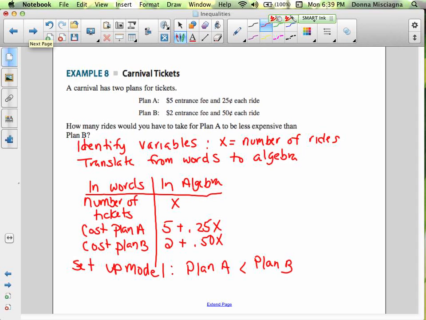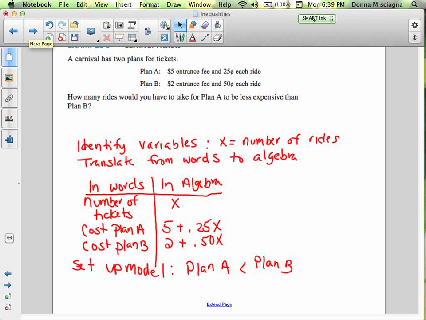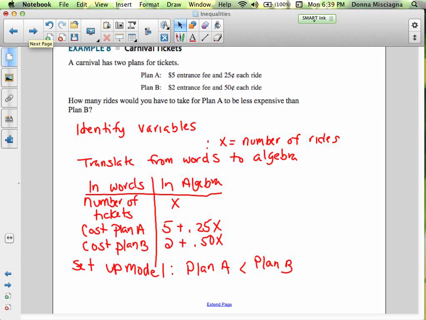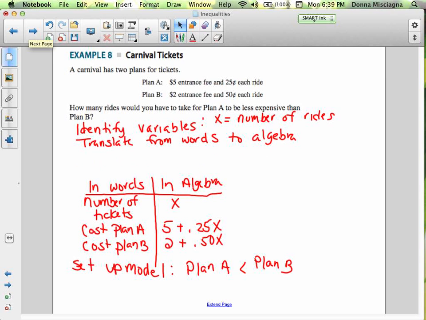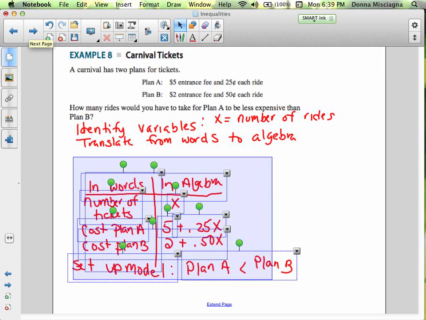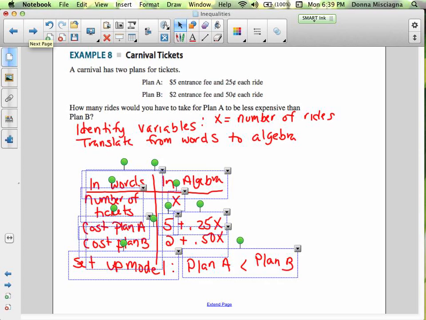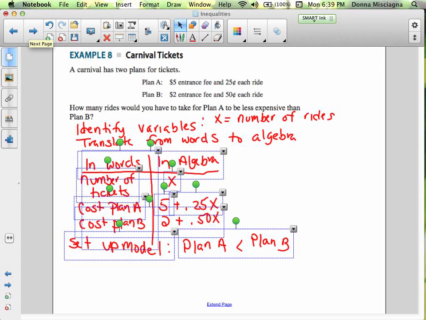If you don't go on any rides, it really wouldn't make any sense to use Plan A. If you go on a lot of rides, it makes more sense. Let's see if I can give myself a little bit more space. There we go.